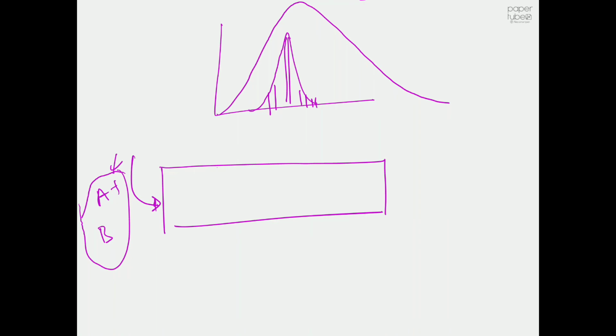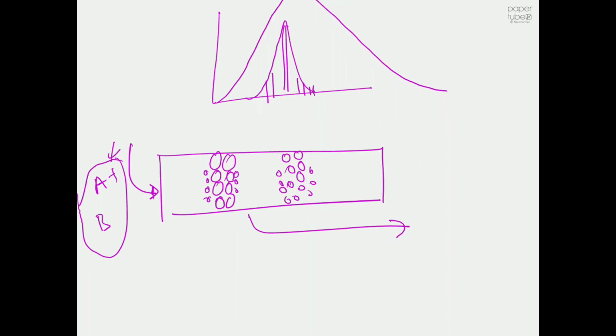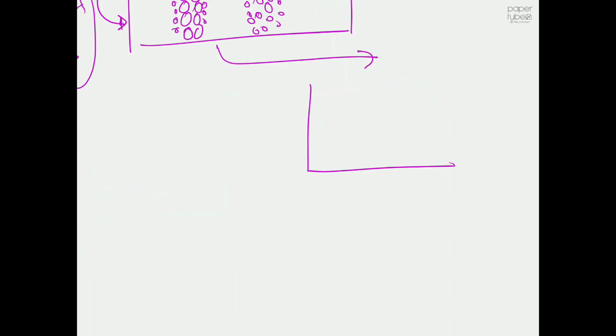Eventually it will transfer, say, this is molecule A, and this is molecule B. With respect to time, molecule B will exit, and if you plot, you will get this for B, and then you will get something for A. So this is a clear separation.